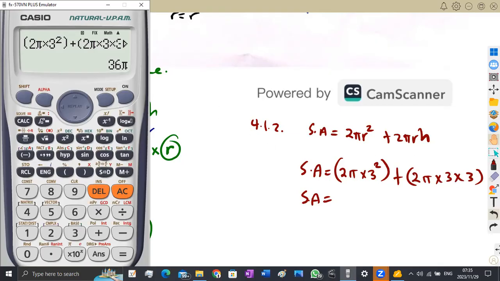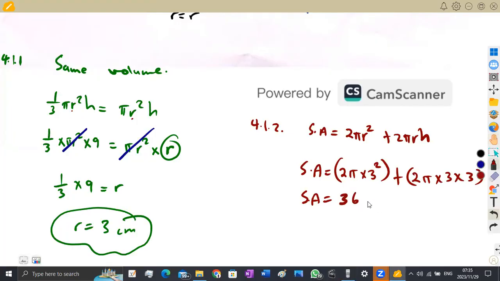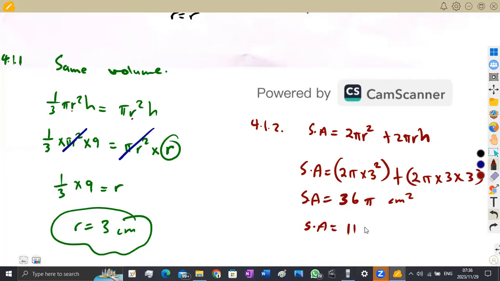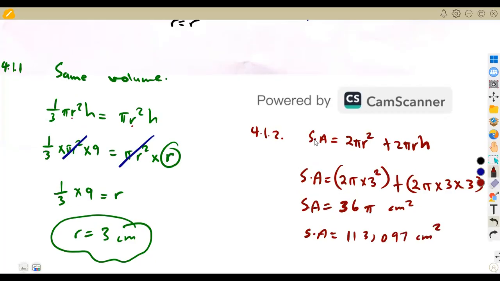So we have our area as 36 pi square centimeters. Or we can simplify this further: that will be 113.097 square centimeters. So that can be your area, which is the surface area of the cylinder.